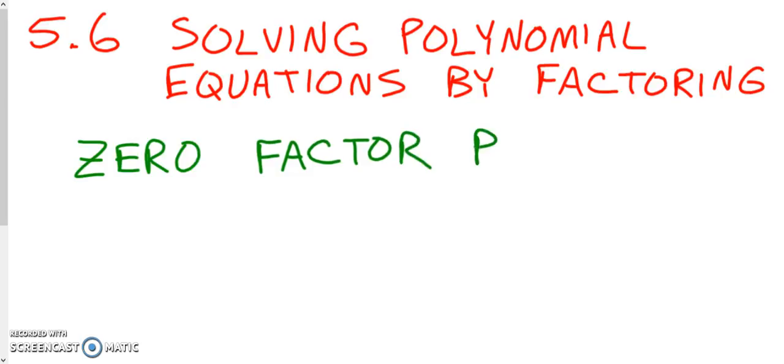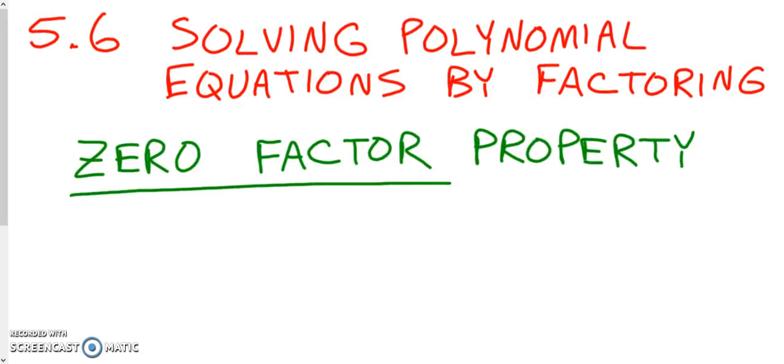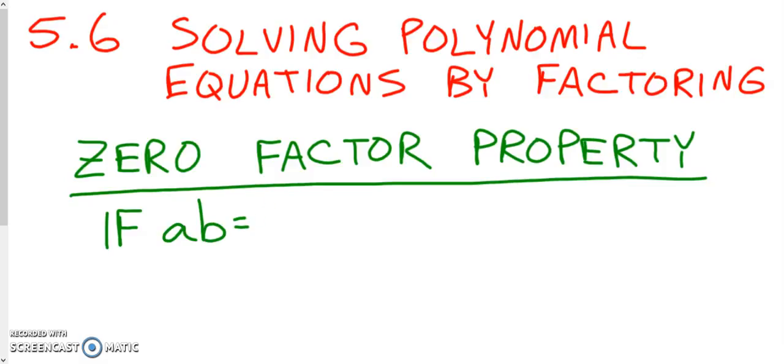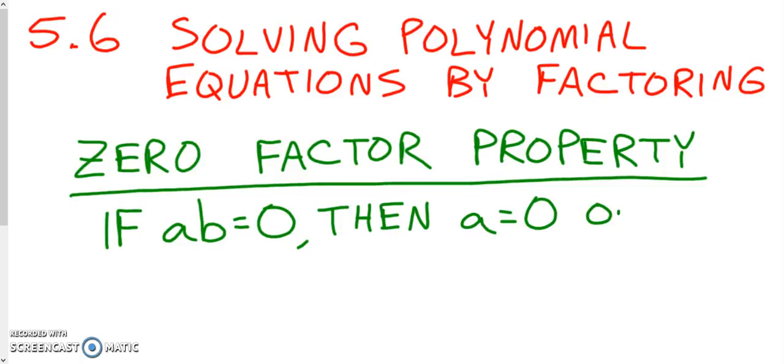The zero factor property says the following: if A times B equals 0, then A equals 0 or B equals 0.